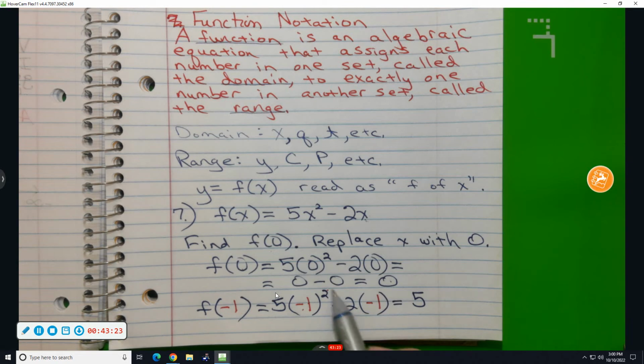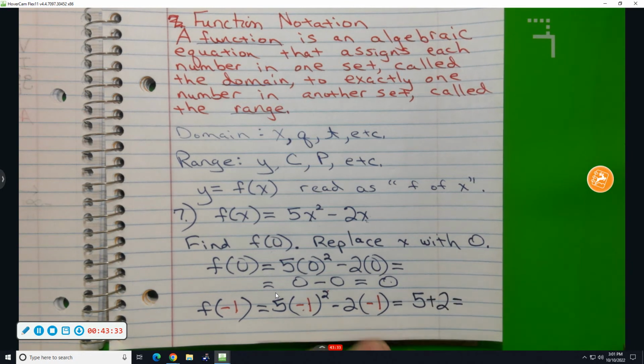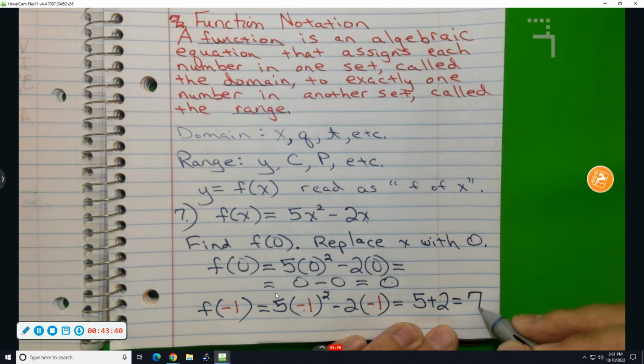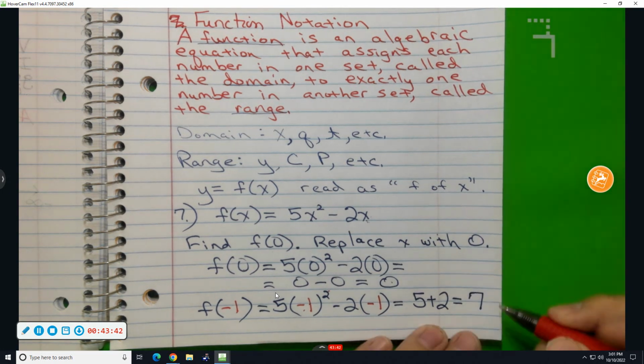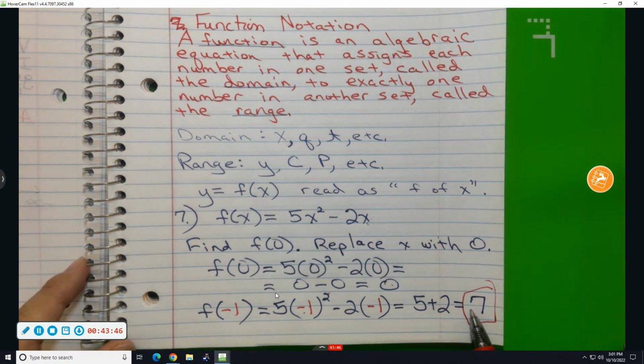Negative 2 times negative 1 is a positive 2, to give us a final answer of 7. That means when x is negative 1, the y value is 7.